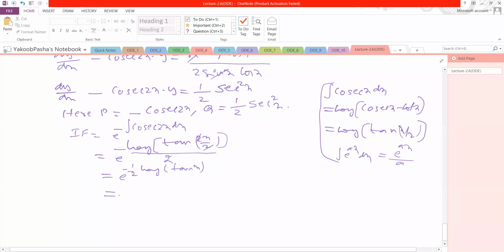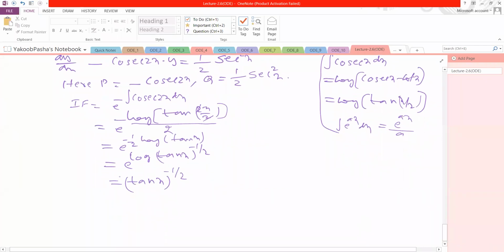So this is equal to e to the power of log tan x to the power of minus 1 by 2. As we know that e power log x is equal to x, this value becomes tan x power minus 1 by 2. Tan x power minus 1 by 2 means 1 by tan x power 1 by 2, that is root tan x in the denominator. This is the integrating factor.